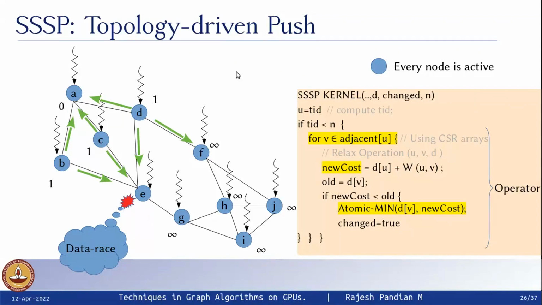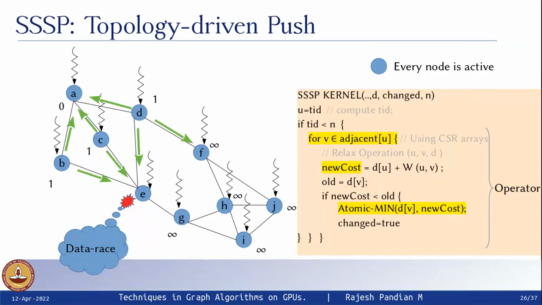We have to use atomics to update the distance of the particular neighbor, otherwise we will not get the correct values. I'm purposely not showing the update of parent here in push, because we cannot directly update the parent array here.